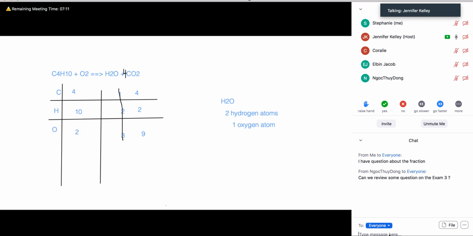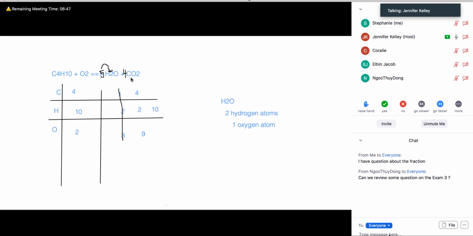So what I'm going to do is change the number in front of the water, because that's where the hydrogen is on the right-hand side, to a 5. So I'm going to take the 5 and multiply it by that 2 there, and that's going to give me 10 hydrogen.